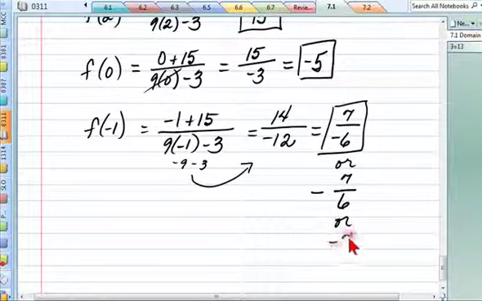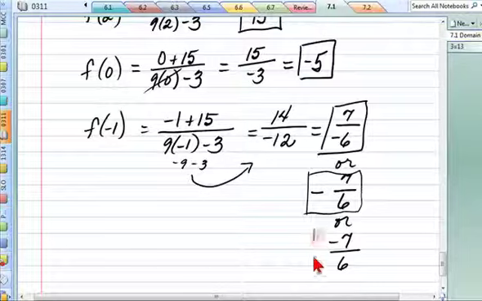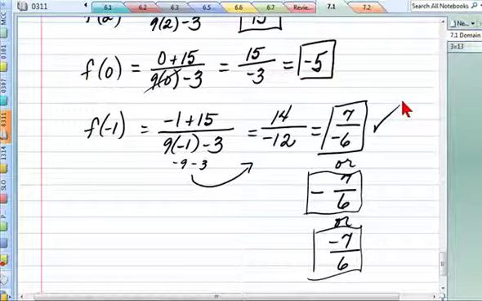It could be negative 7 over positive 6. Any of those would be fine. Remember the 3 positions. Is that okay? I would just leave the one I got. But certainly any of them would be fine.